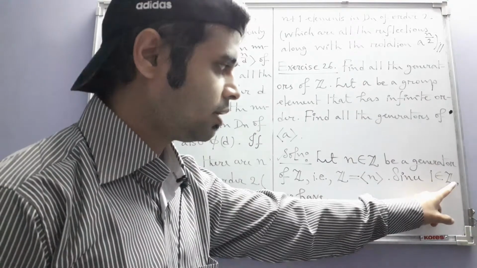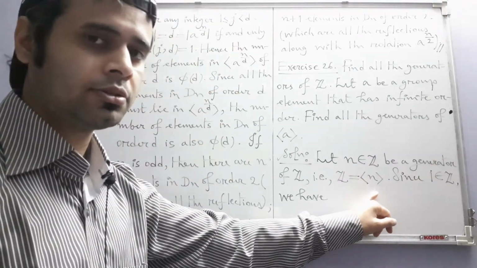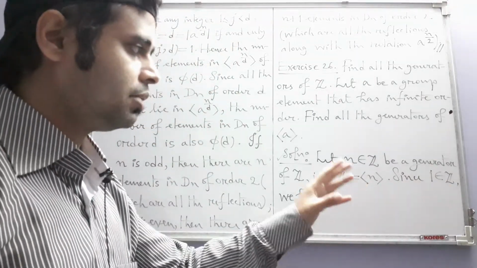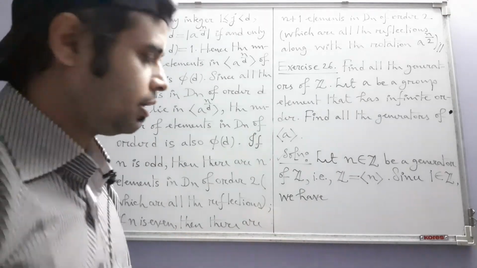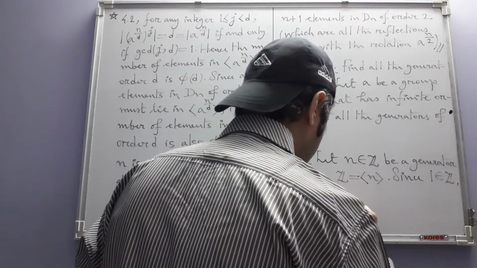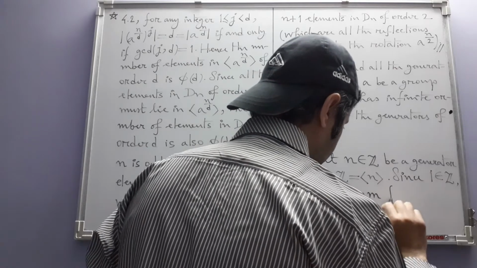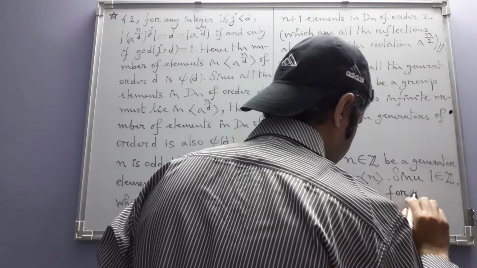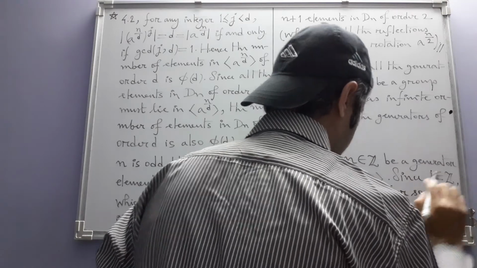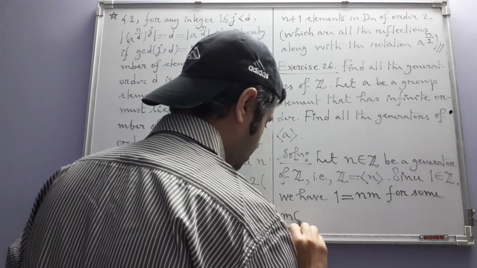Now because 1 belongs to this cyclic group, 1 will be an integer multiple of n. So 1 is equal to nm for some integer m.